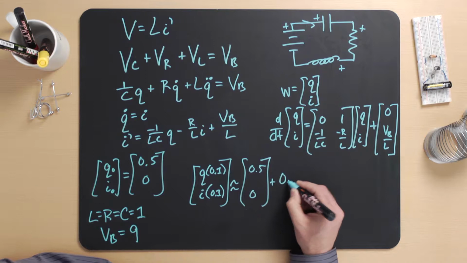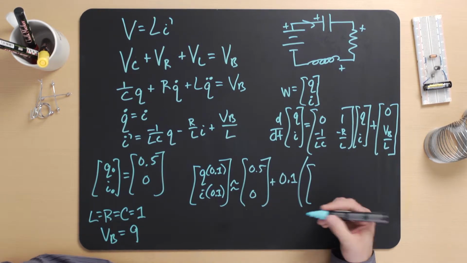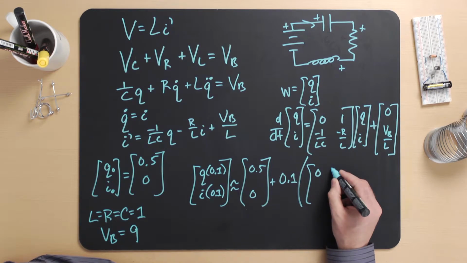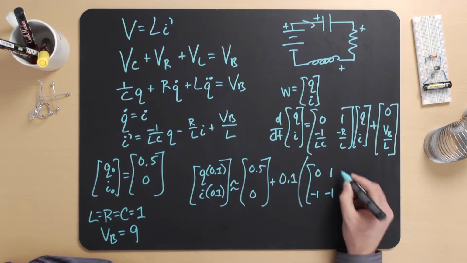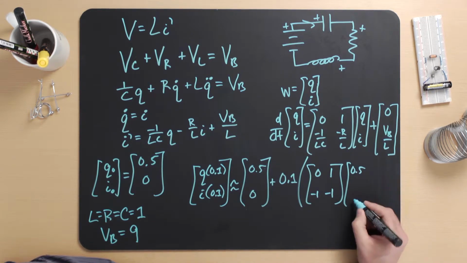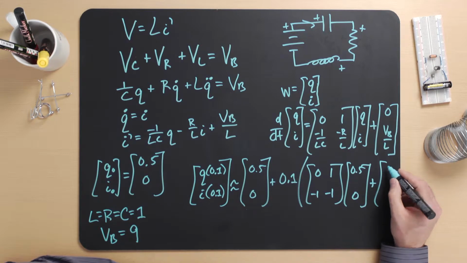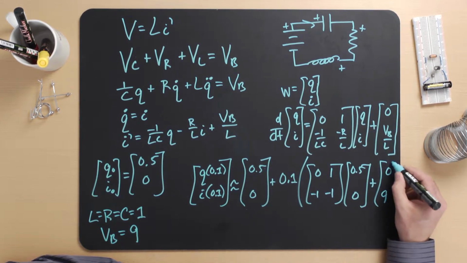plus the time step, which is 0.1, times the right-hand side of the differential equation, the matrix 0, 1, minus 1, minus 1, times the initial condition, 0.5, 0, plus this vector here, which is 0, 9.